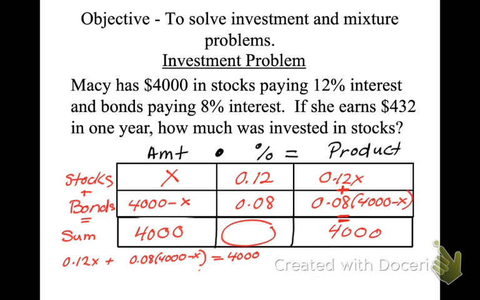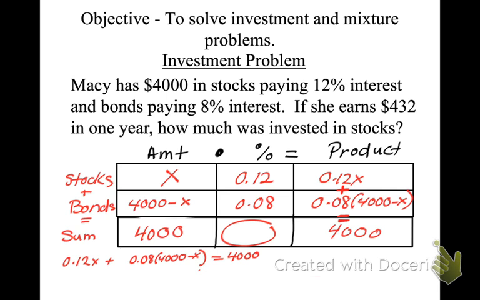But you usually buy multiples, right? Bonds are items that are issued by the government. It's another thing that you can invest in. Bonds, you make 8%. So what they're saying is we made 4,000 altogether, but how much of each did we have?